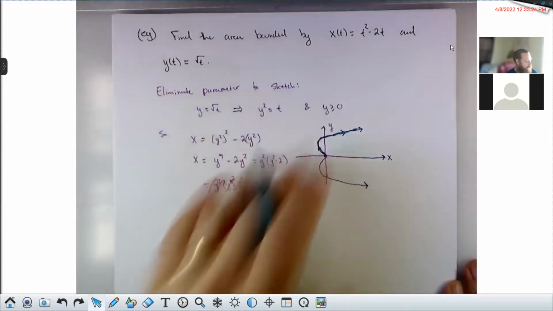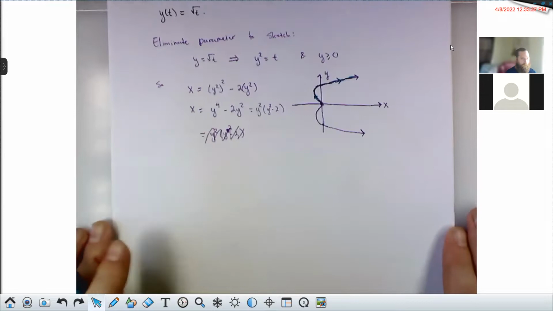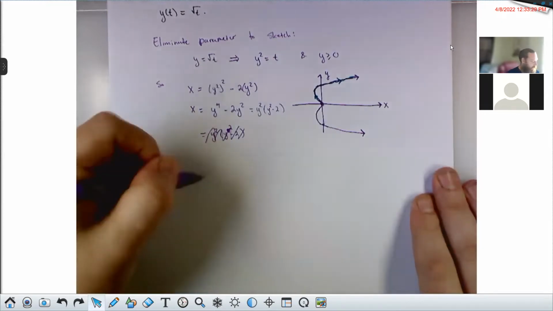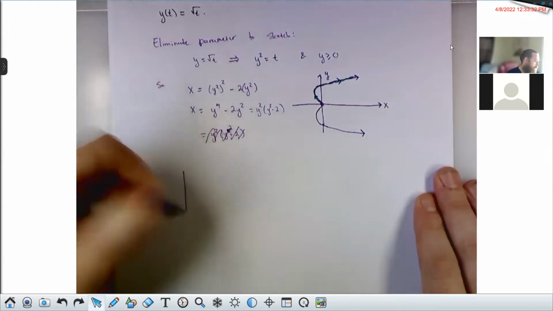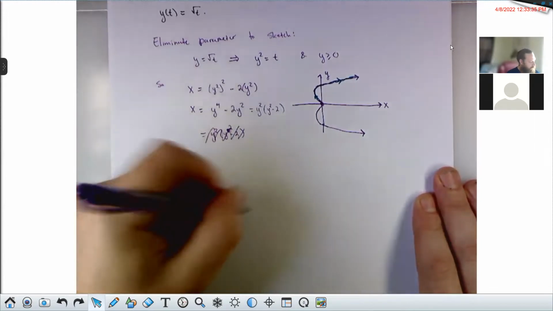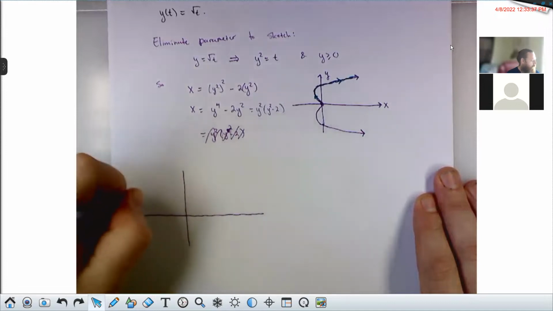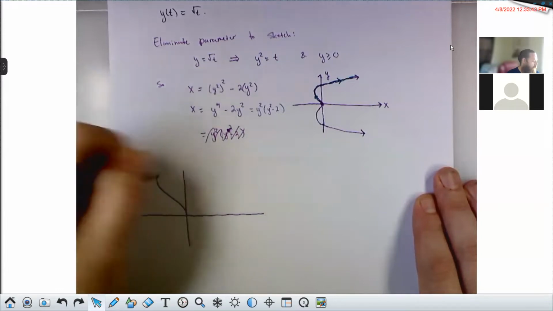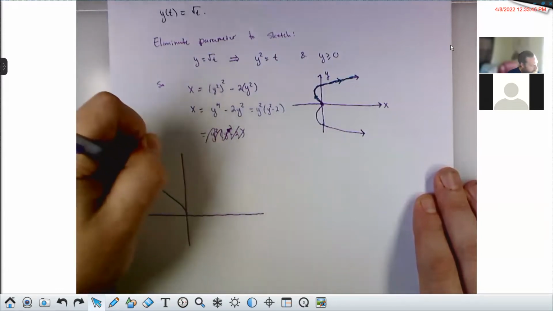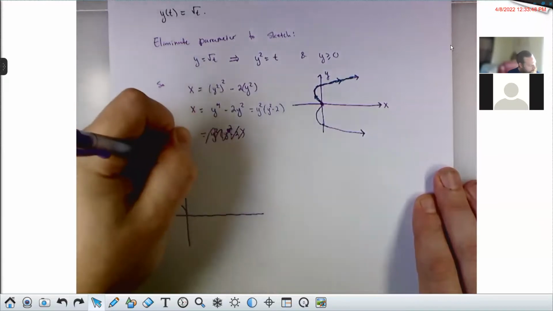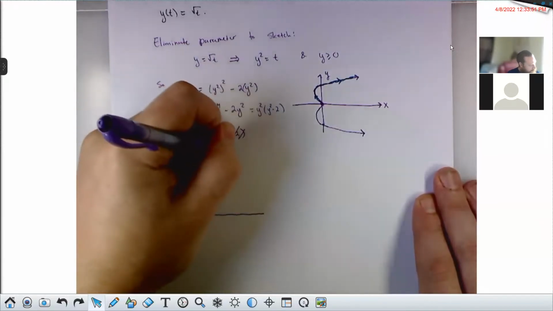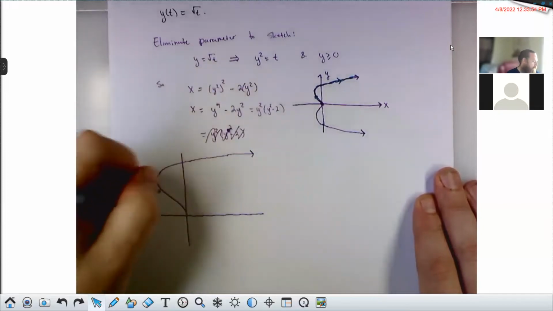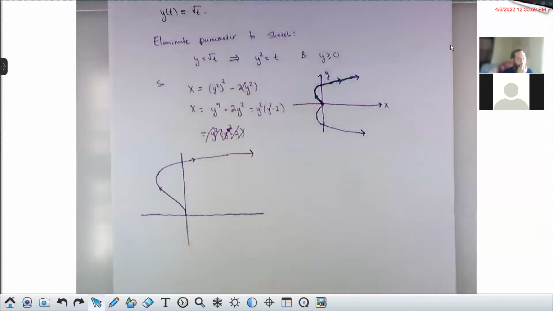I'm going to draw another version of this down here that just has the part we're interested in. So the region whose area I'm trying to find, it's this part, right? Here's my curve with the orientation arrows. So I'm looking for this area.